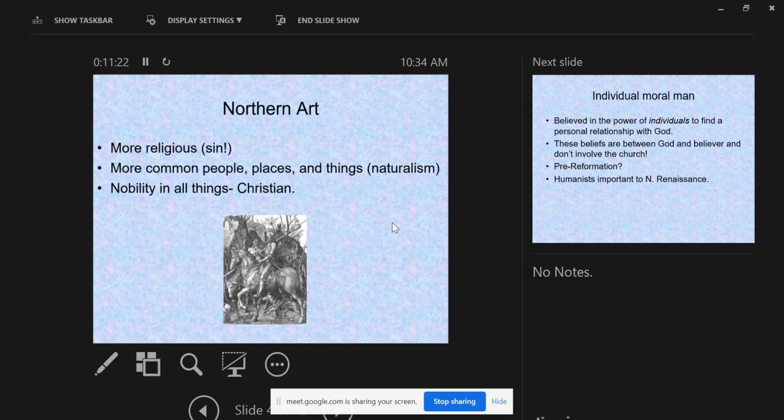And the reason that it comes back in the north, not so much the south, is because in the north, they feel like God's stamp or God's footprint is evident in all things. And when we actually do the lecture on art, I will show you a sketch, an amazing sketch of a rabbit.